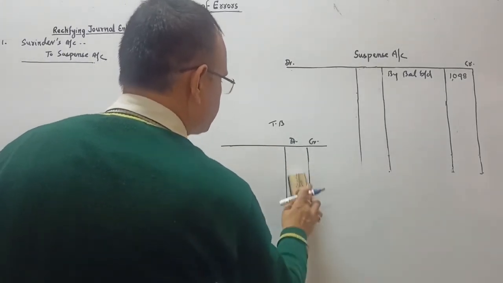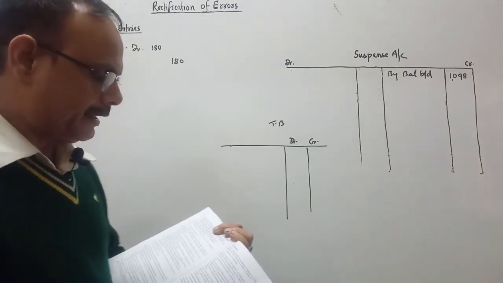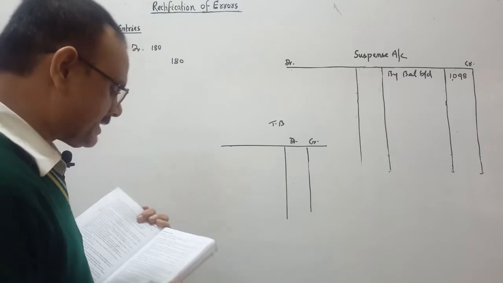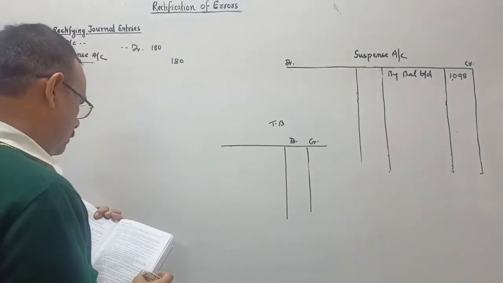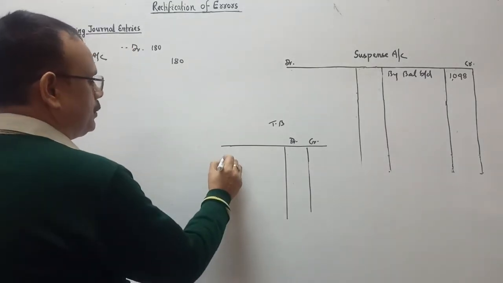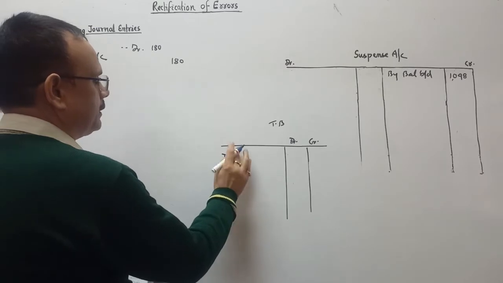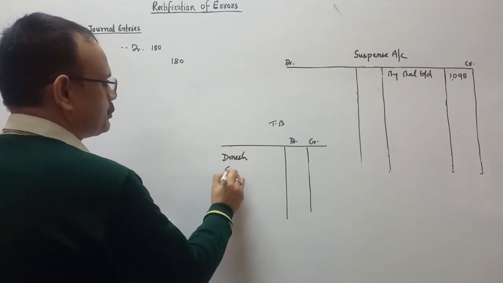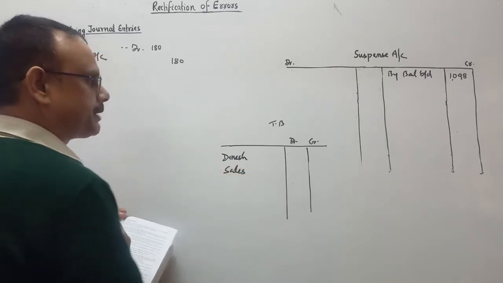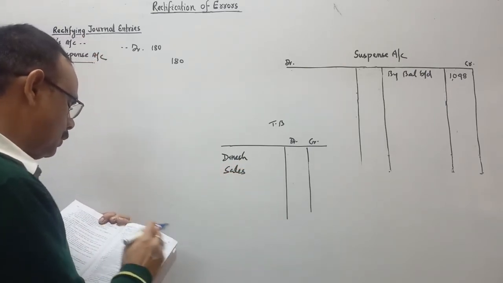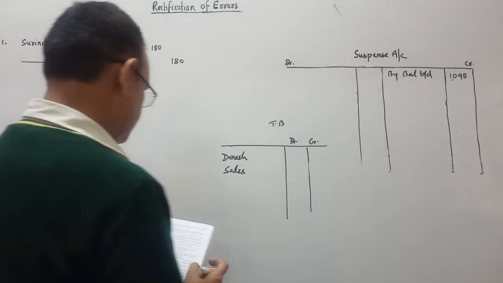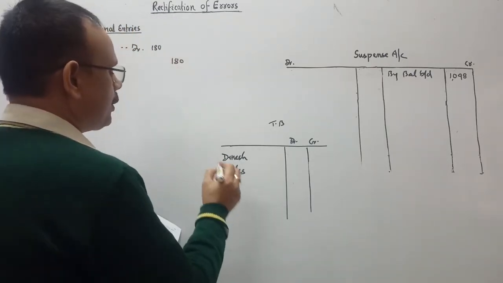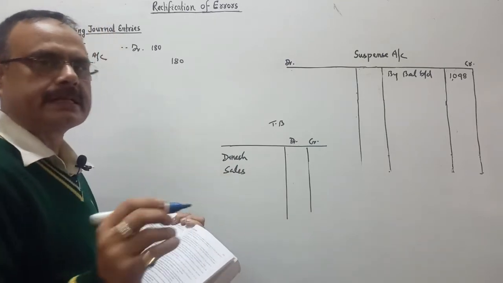Now see the next one. The next error is goods sold to Dinesh of rupees 800 have been debited to his account as 880. Goods sold to Dinesh: you know that Dinesh and sales will come in the trial balance. You know the entry of sales: Dinesh account debit to sales account.